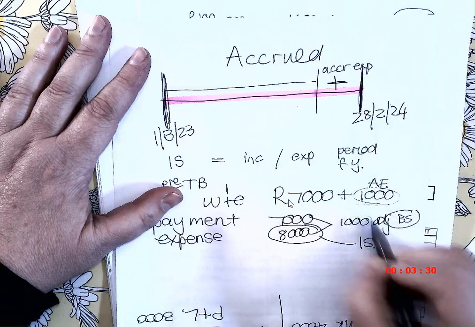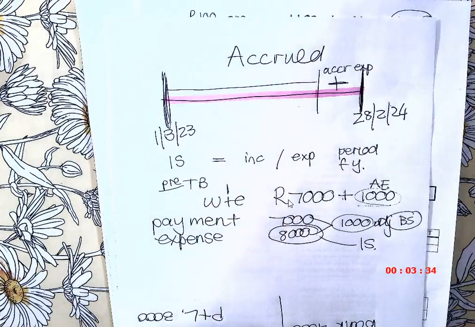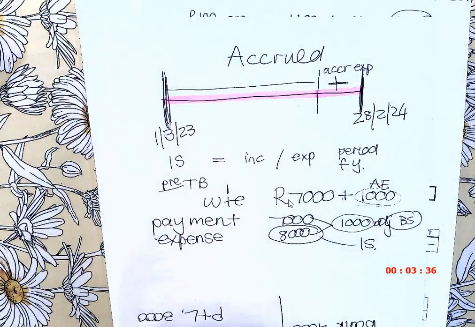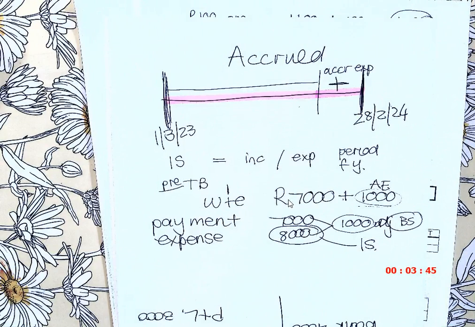And that 1,000 is something I still need to pay, so it's an accrued expense, so it will fall under payables. Can you hear it says I still need to pay the bill, payables.